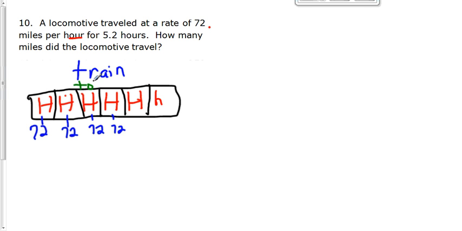What's one way we can figure out the total that the train traveled? You're right, we could add it. 72 plus 72 plus 72, but what's a quicker way? Yes, a quicker way, since they're all the same, would be to multiply.